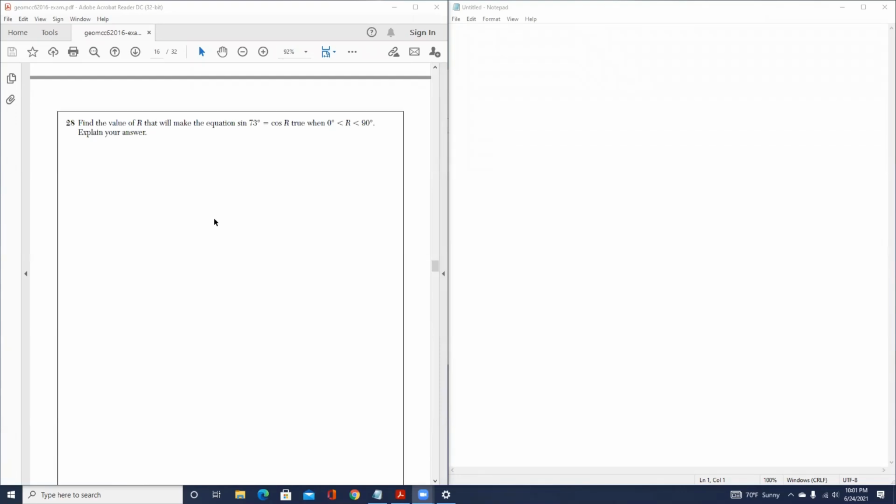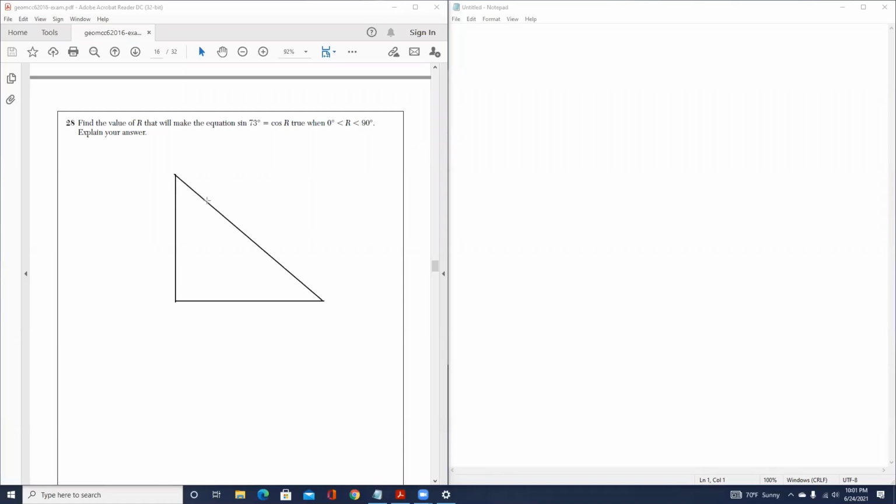Okay, question 28. Find the value of r that will make the equation sine of 73 degrees equals cosine of r true when 0 is less than r is less than 90 degrees. Explain your answer. Now this is a trigonometric setup, so we're going to draw the first thing that comes to mind when we think of a trig function, a right triangle.